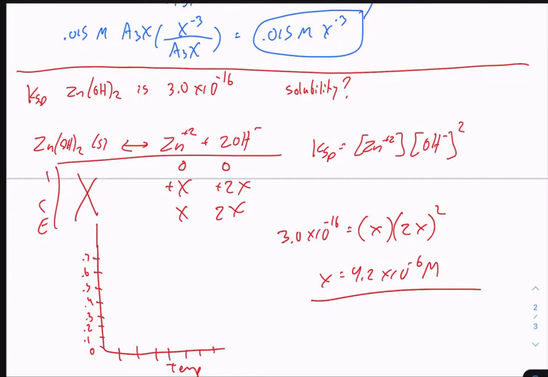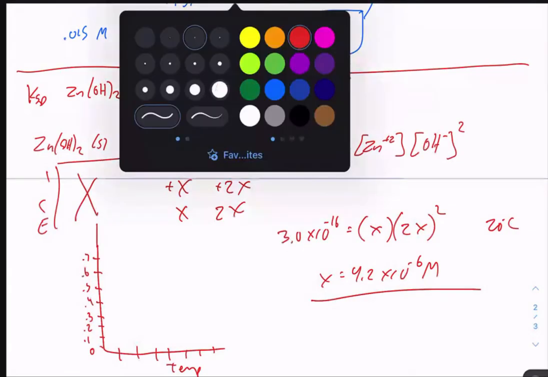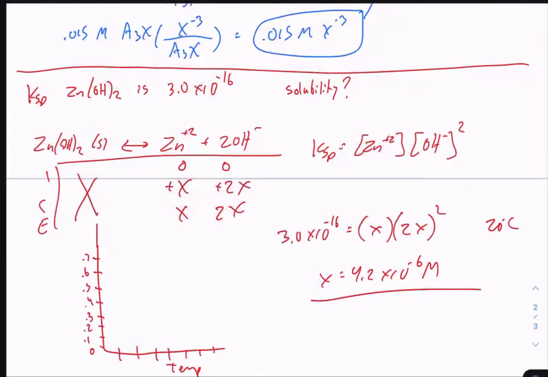Let's say this is at 20 degrees Celsius. It would be here. And any of the other solubilities that we solved for last week, did you notice they were all like 10 to the negative 4, 10 to the negative 3? They would all be down here.